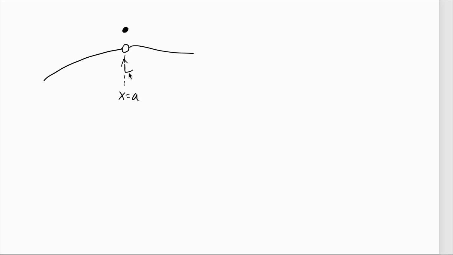X equals a is in the domain, but it's not continuous there. In this particular case, we're going to call this a removable discontinuity. Why is it removable? Because we just need to change the value of y at x equals a, and a simple change of the y value will guarantee that it is continuous. So we call that a removable discontinuity if you see that.